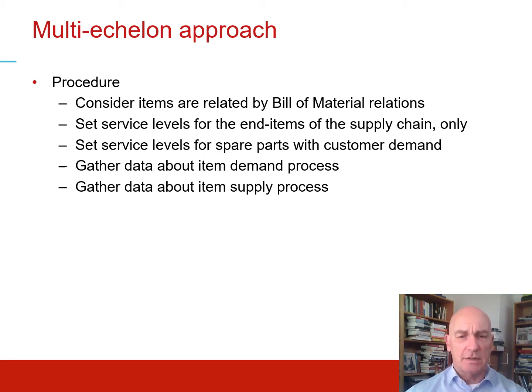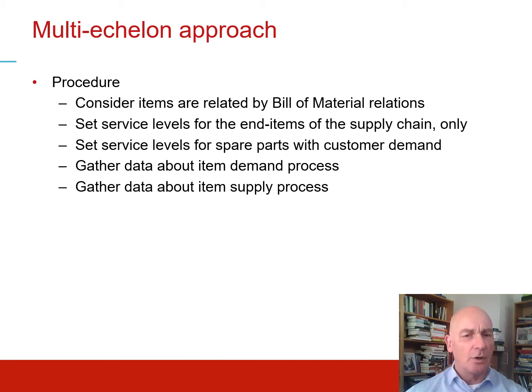So in this case, the supply process must be carefully measured, and you should measure it as when an item can be started to be produced or shipped, then we start counting time until it's replenished into the stock where we can use it for further purposes.